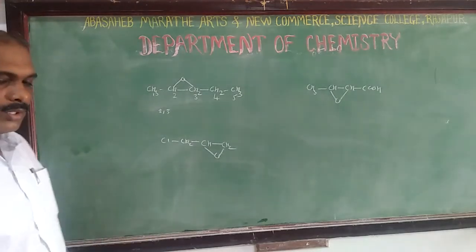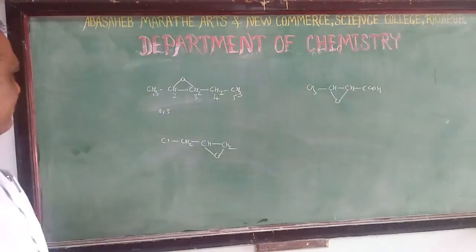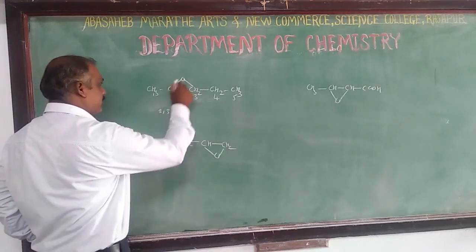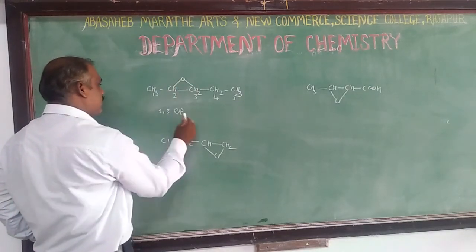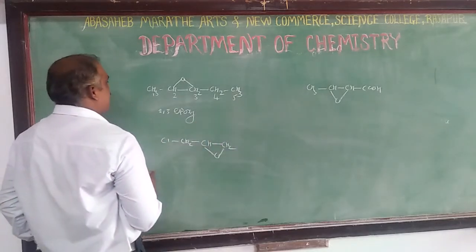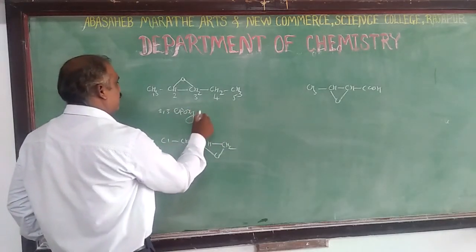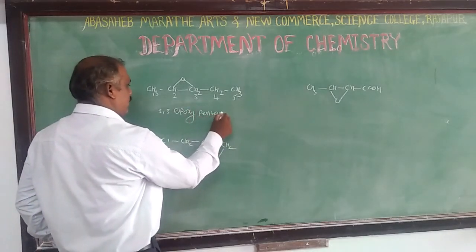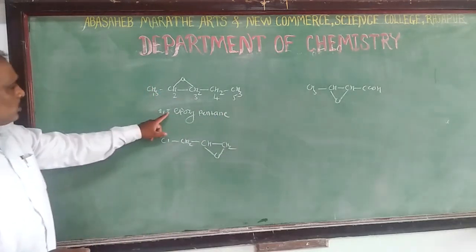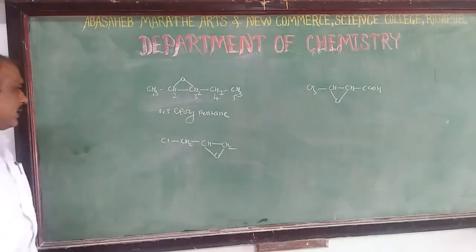Therefore 2,3-epoxide, so the name is epoxy, and the name of the parent alkane is pentane, so 2,3-epoxypentane.